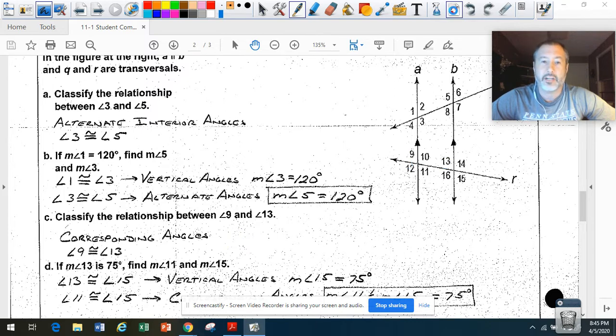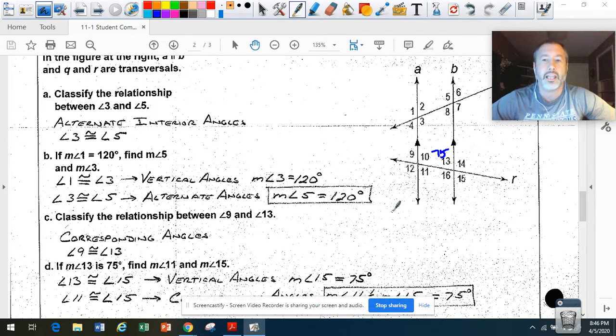Let's look down here below now. It says, if the measure of angle 13 is 75 degrees, so if this is 75 degrees here, find the measurement of angle 11 and the measurement of angle 15.